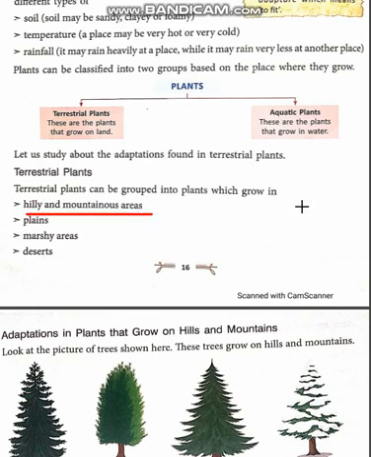This is also part of the terrestrial, the land. Second is the plains, third is marshy areas, and fourth is desert. Let us learn all about them in detail, one by one.